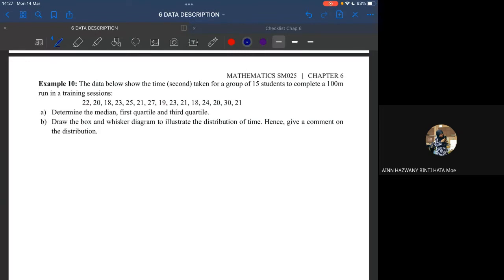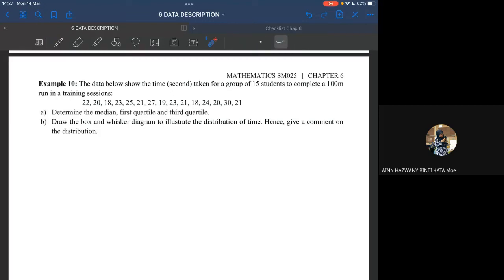Okay, rearrange data kamu dulu. Okay, kalau kita tengok dalam data ni, dia kata determine the median first quartile and third quartile.